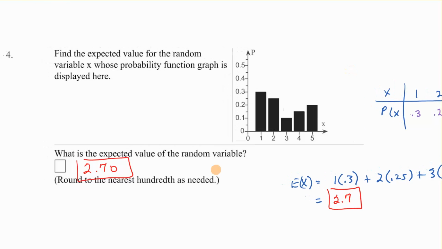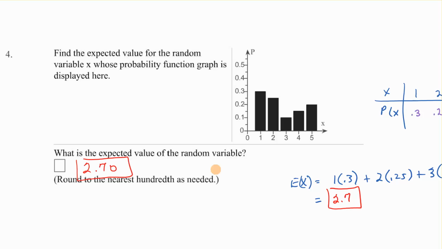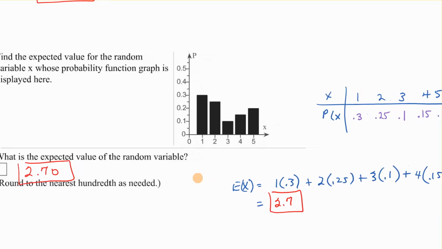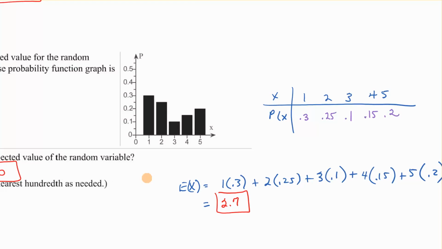Number 4, find the expected value for the random variable whose probability function graph is displayed here. They didn't give us the table, they gave us a histogram. So we needed to create this, and we had 1, 2, 3, 4, and 5.